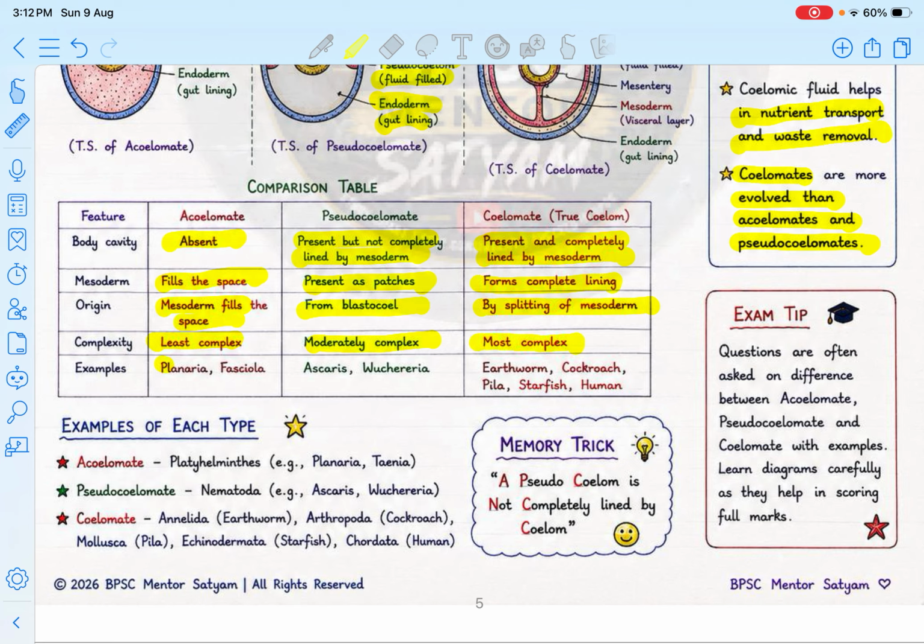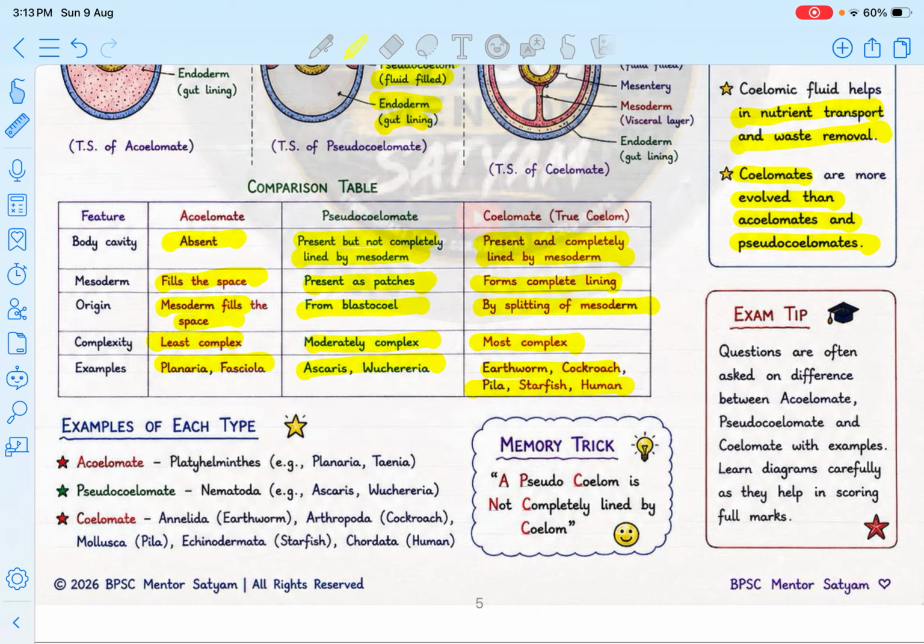For example, Planaria, Fasciola, Ascaris, Wuchereria, earthworm, cockroach, Pila, starfish, human. Now they might say that earthworm, cockroach, Pila, starfish, and humans are examples of acoelomates. Okay, so you might get confused.